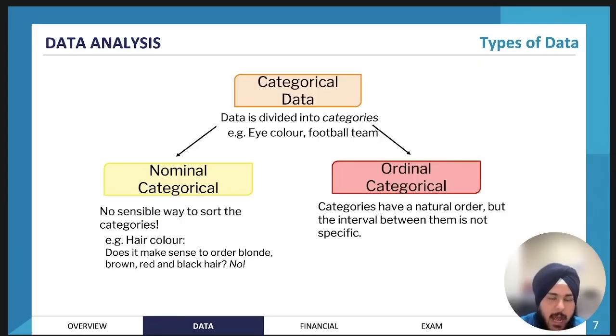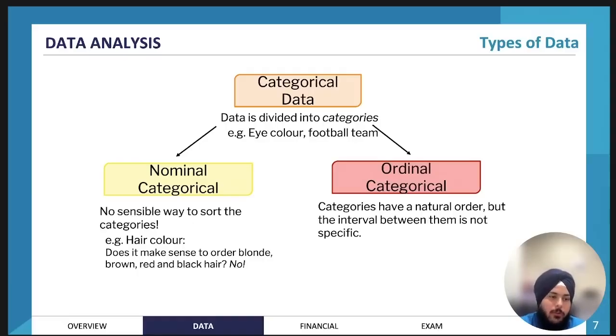Just to go into a little bit more detail about categorical variables. Categorical variables usually represent data that is divided into discrete categories. That could include things like eye color or football team, usually qualitative data, so data that we usually describe as opposed to quantify. Furthermore, for categorical data, we can have nominal or ordinal categorical data.